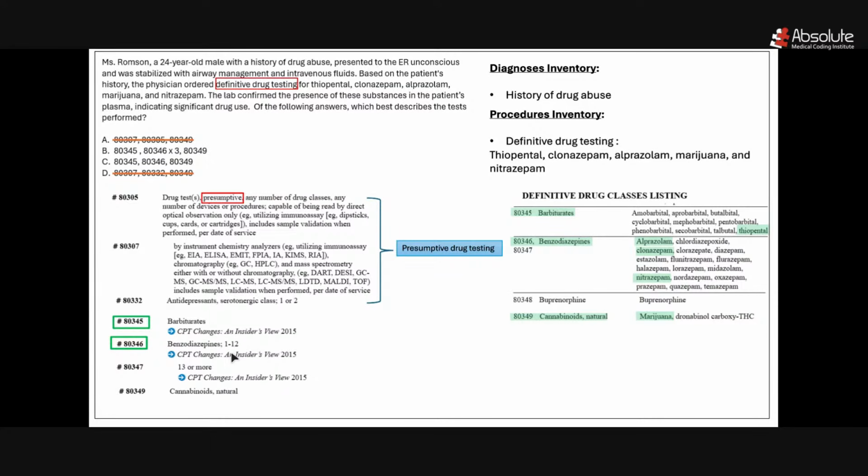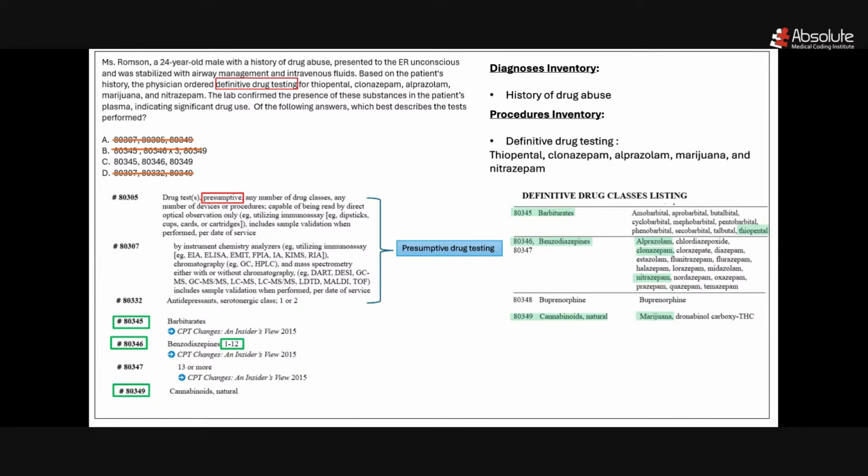If you had more than 12, that is 13 or more, you would use 80347. So do we have to code 80346 times 3 in this scenario? No, right? So that eliminates option B. And for cannabinoids, we have only one code, that would be 80349. That's straightforward. So the correct answer is option C: 80345, 80346, and 80349.